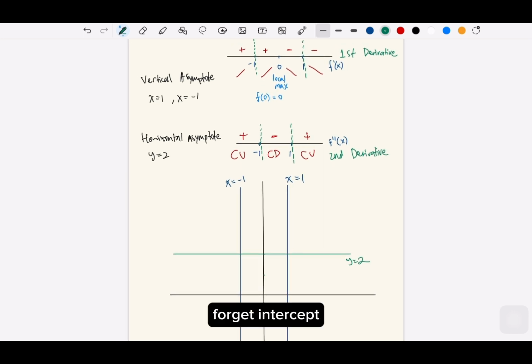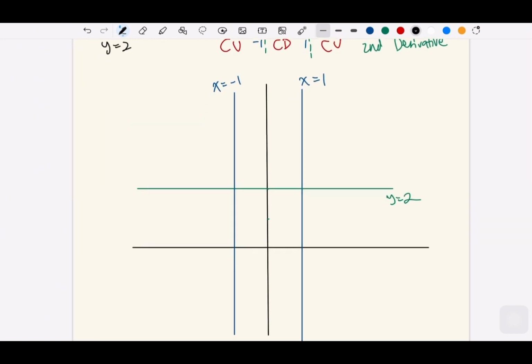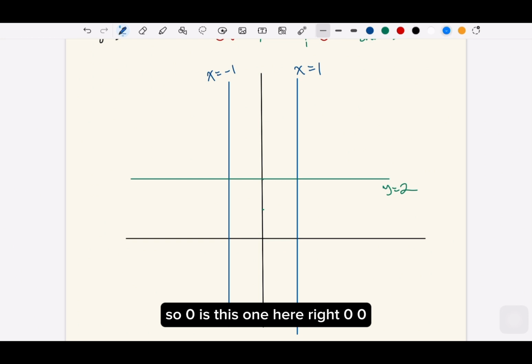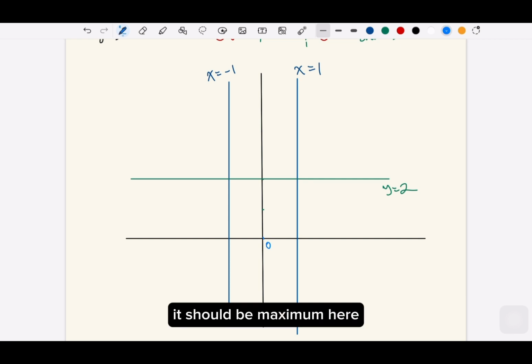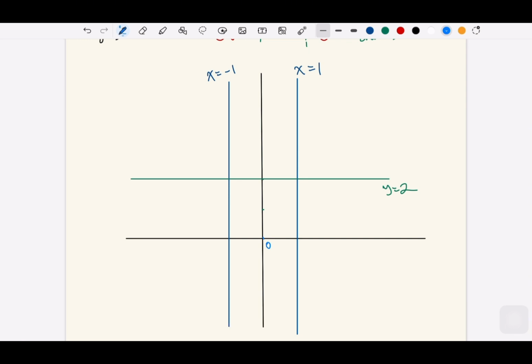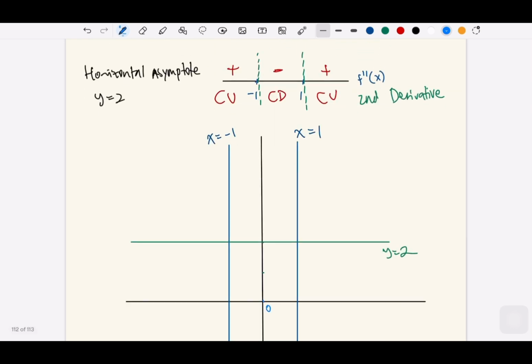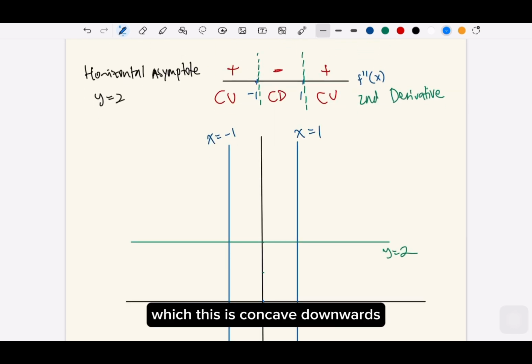The intercept is at 0, 0, right? 0 is a local max. So 0 is this one here, 0, 0. It should be a maximum here, so we should expect it like that. And then we can confirm through the concavity, which is concave downwards at 0, right? Which means this estimation is true. So let's just draw that.